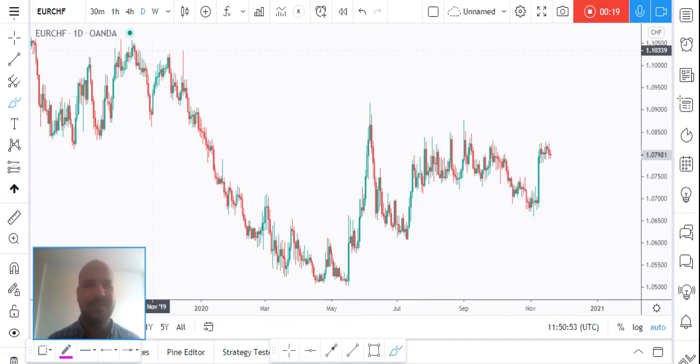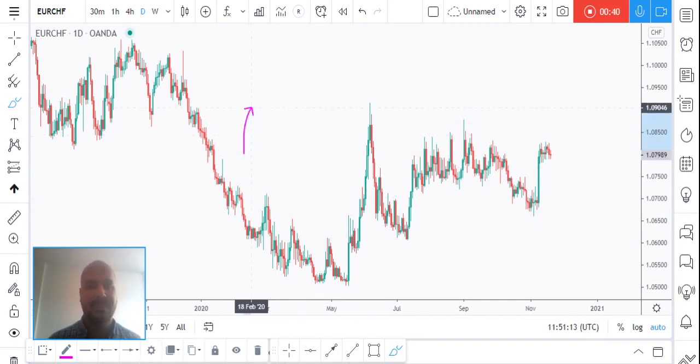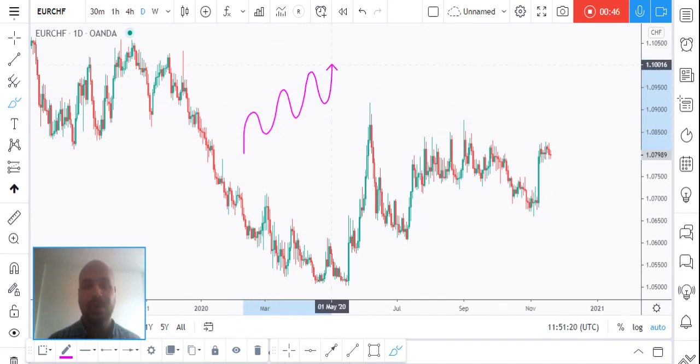As you can see here, we have Euro CHF, Euro Swiss franc, and those who know me know that we always start with the weekly and daily time frame to know where we stand in the market. Are we overall bullish? Are we overall bearish? Or is the market stuck inside a range? From a market structure 101, we know that if price is making higher highs and higher lows, it means that we are in an uptrend and we should only be looking for buy setups.